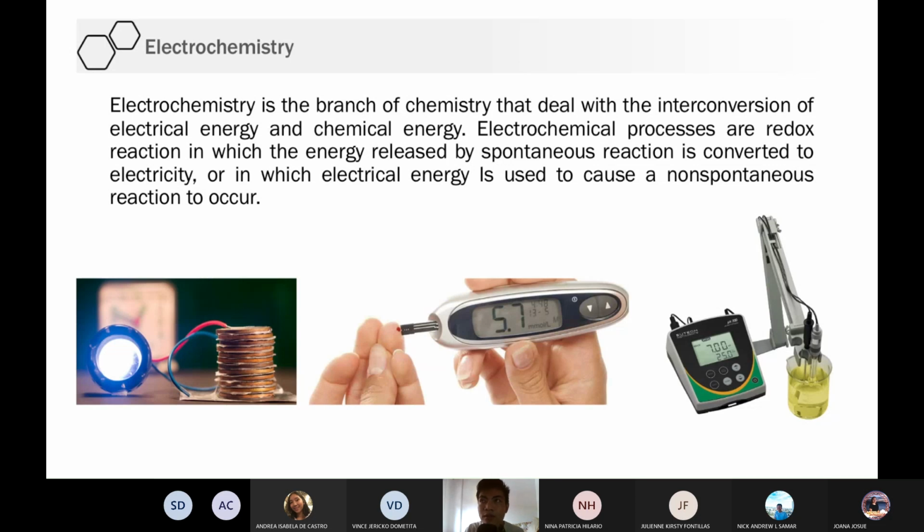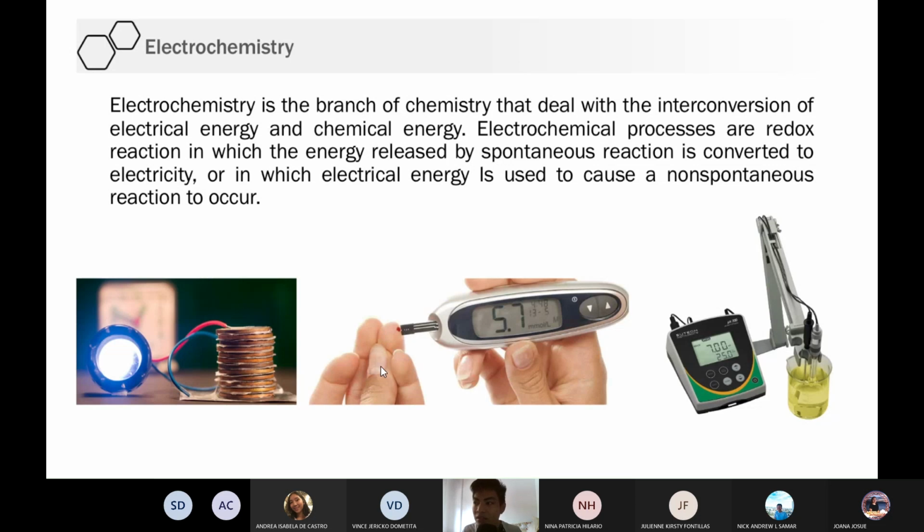So, depending on the voltage that is transmitted by the blood, malalaman niya yung glucose level mo. Siguro, the higher the voltage, the higher the glucose, the lower the voltage, the lower the glucose. So, maybe ganun yung ginagawa ng ating glucometer. But that's the idea.